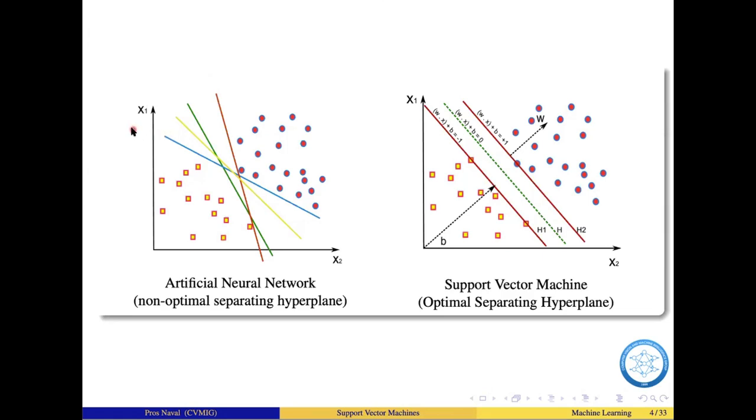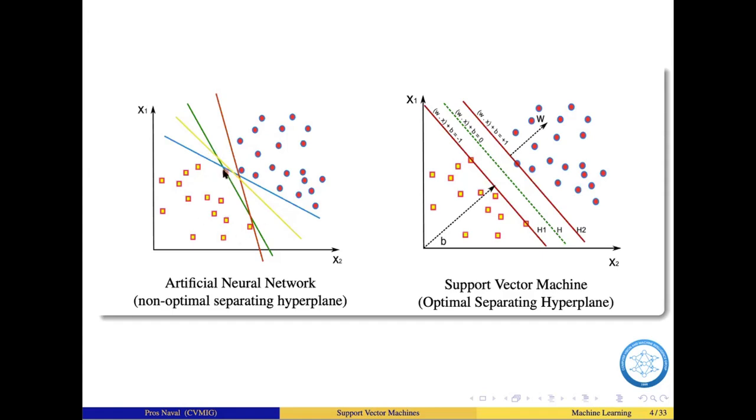Now, when you train your artificial neural network, the requirement is that we want to minimize the number of errors, misclassification errors. So what we want to do is to have all the points belonging to one class on one side of the hyperplane and all the other points on the other side of the hyperplane.